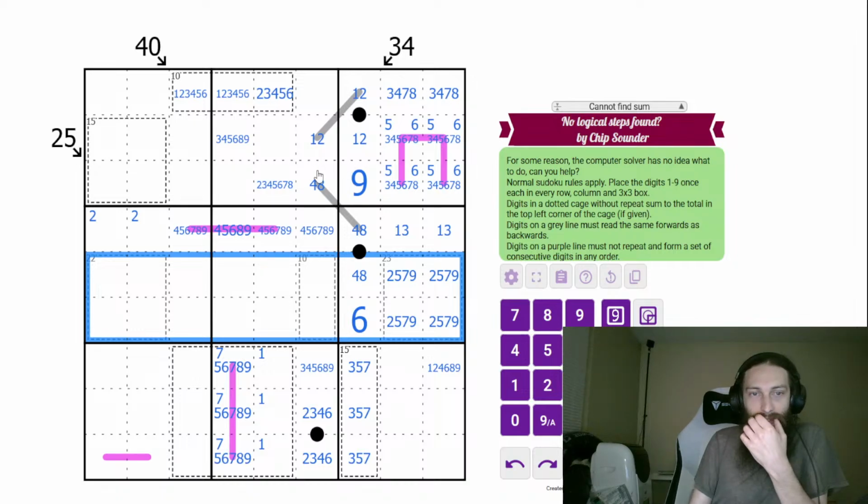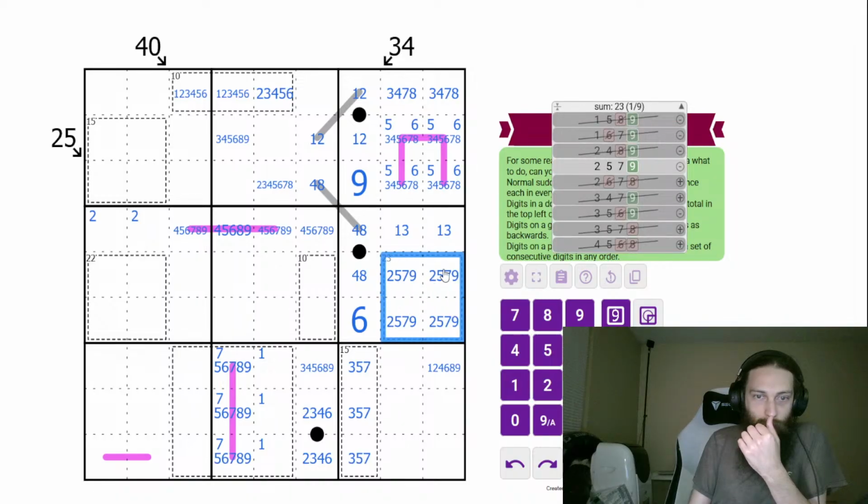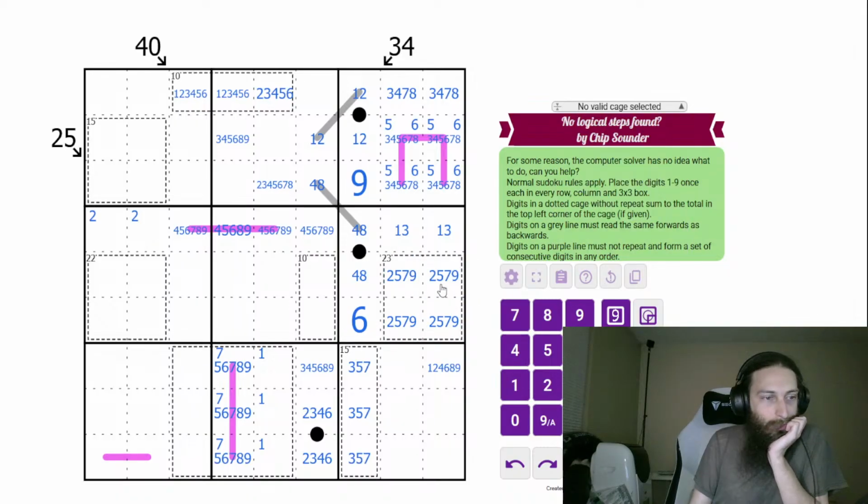I guess the other thing would be if the intersection was here, there's no way to make both halves of the 23 the same.